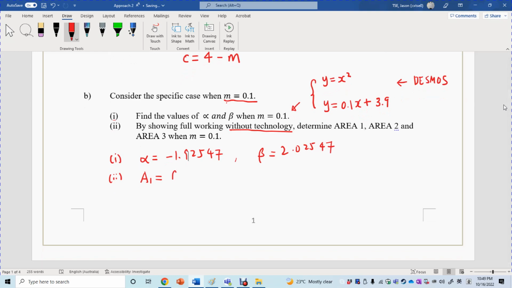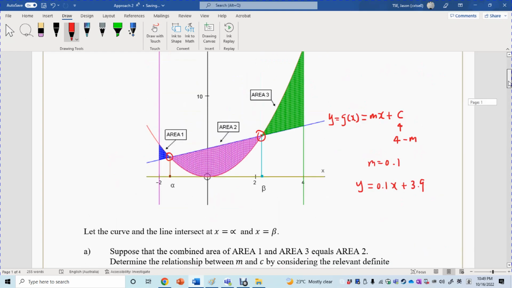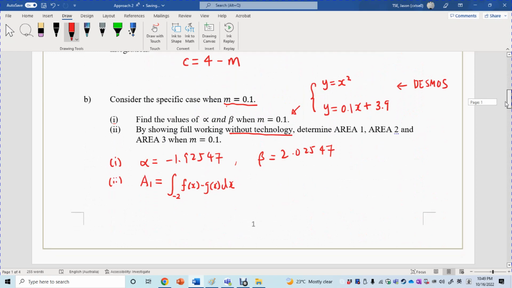So you will go with the integral of f(x) minus g(x) dx, from minus 2 to alpha, where alpha equals minus 1.92547.